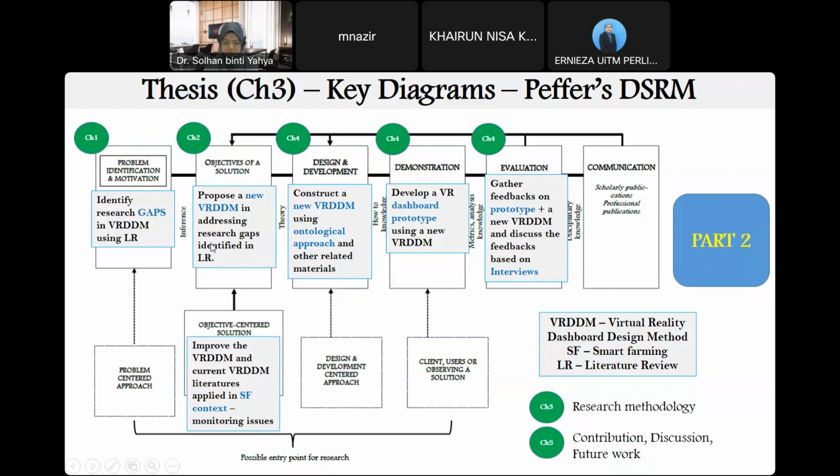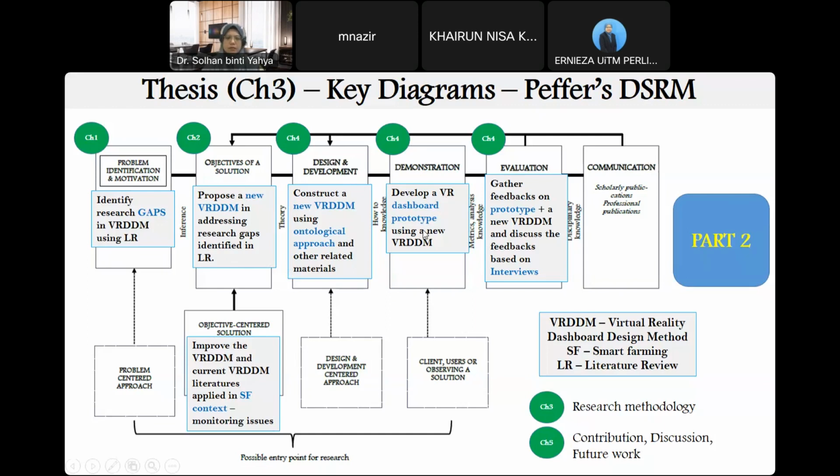Based on the key papers they reviewed, they found the gap and came up with a new VRDM, and then improved the current VRDM literature, applied in the smart farming context, monitoring issue. Okay, design and development: construct a new VRDM using an ontological approach, because he decided to use ontology as a solution. And then demonstration: develop a VR dashboard prototype.